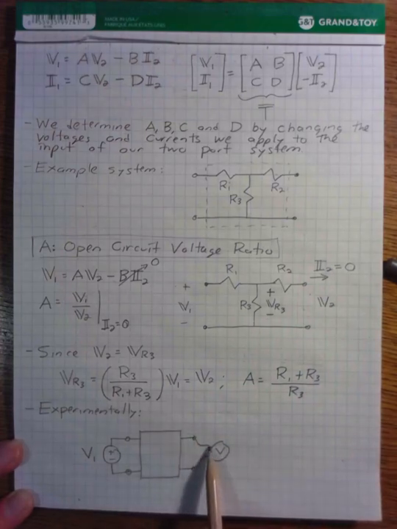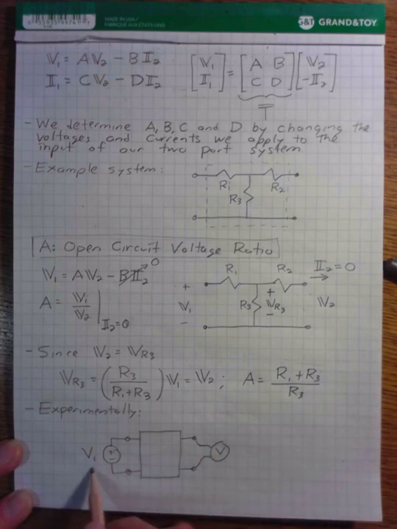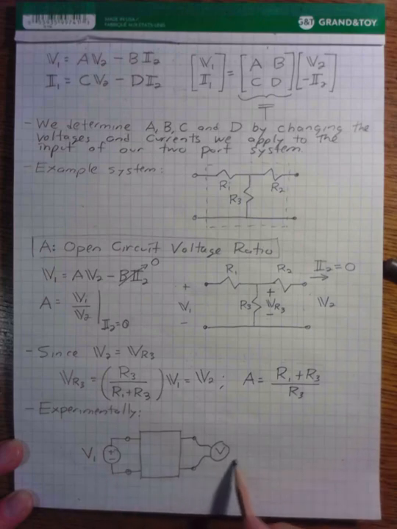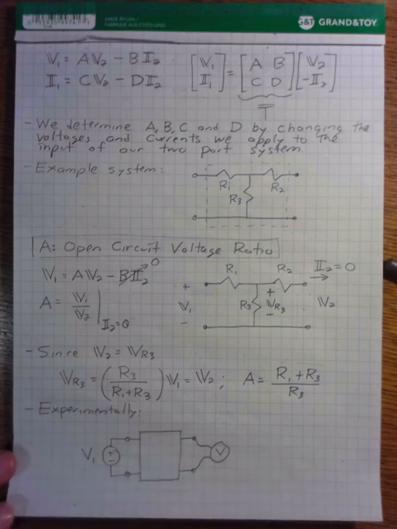Now, voltmeters have a very high resistance to them, and so even though a very small amount of current will flow, it's such a small amount that it won't affect our measurement. And so this is where we get V1. This is how we measure V2, and then we can just take A as the ratio of those two values. So this is what you would do in the lab.